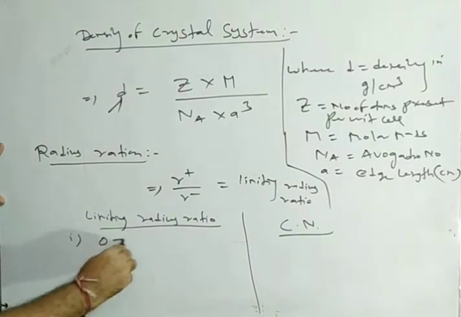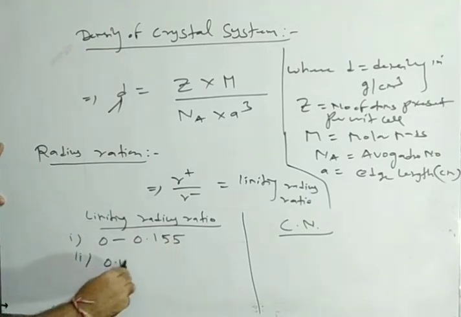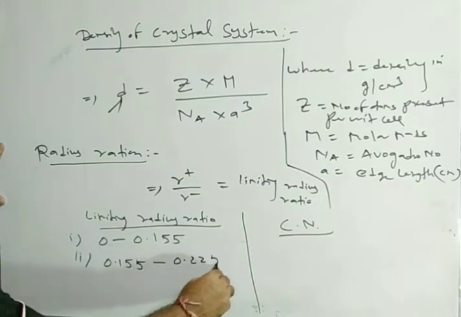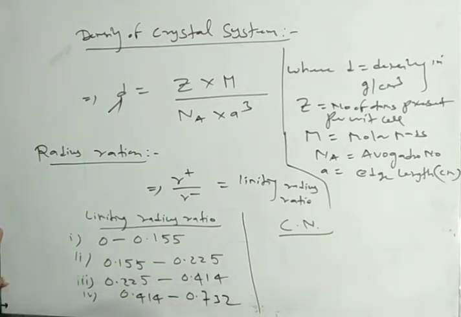0 to 0.155. Second one 0.155 to 0.225, and third 0.225 to 0.414, and fourth one 0.414 to 0.732, and last 0.732 to 1.